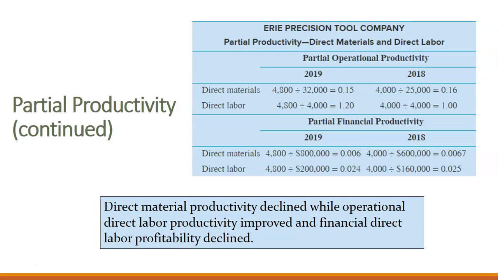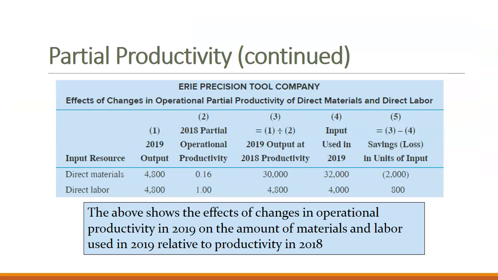We would want to know why we had changes in labor productivity financially compared to operationally. So we see the operational productivity in 2019, on the amount of materials and labor used in 2019, relative to the productivity in 2018. We can break this out even further. We have our 2019 output of 4,800 units.